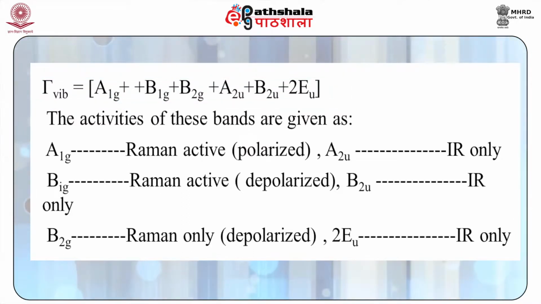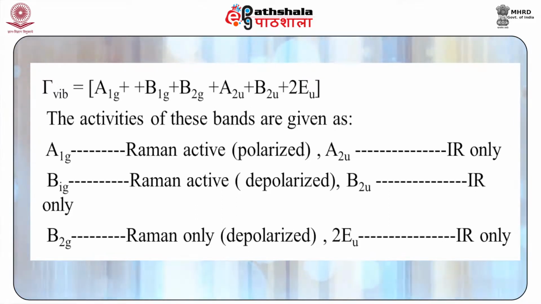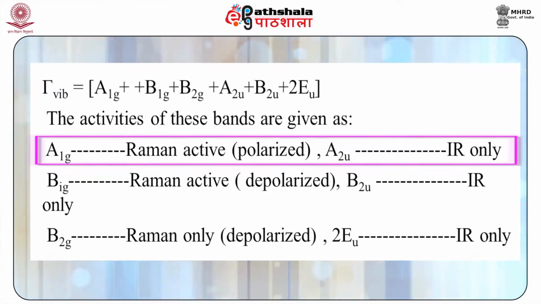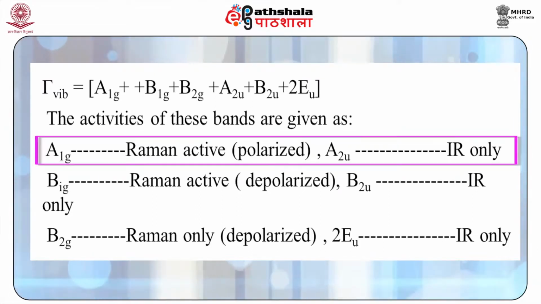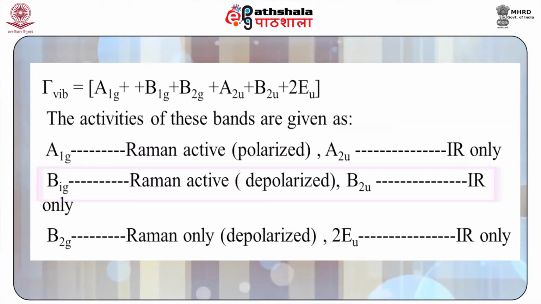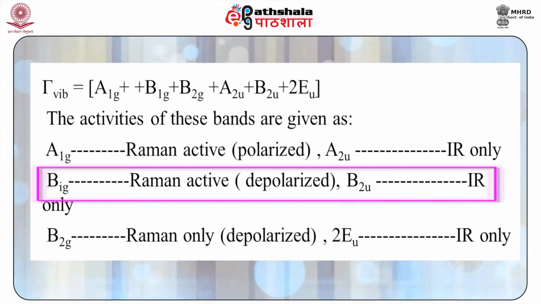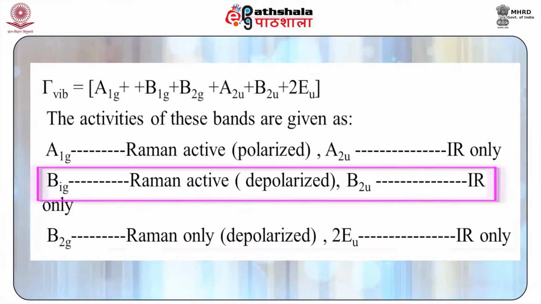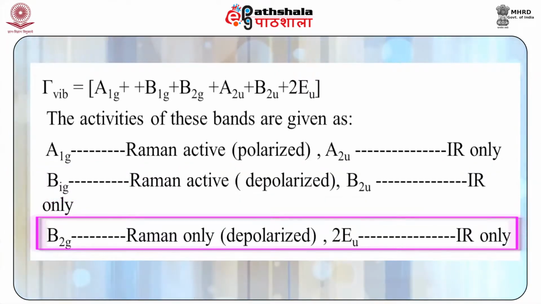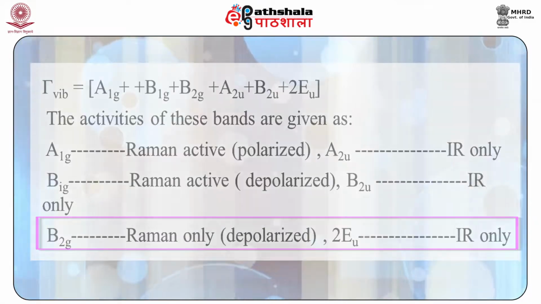The activities of these bands are as follows. A1g is Raman active and polarized, A2u is IR active, B1g is Raman active depolarized, B2u is IR only, B2g is Raman only depolarized, and 2Eu is IR only.